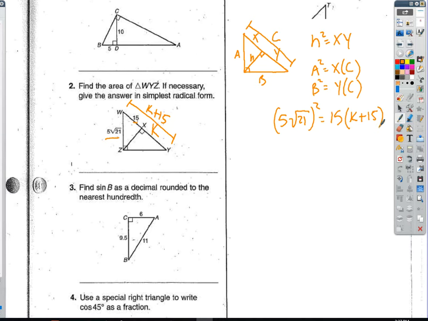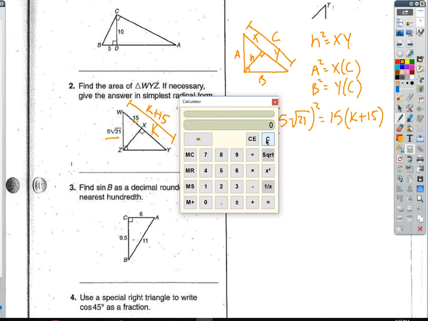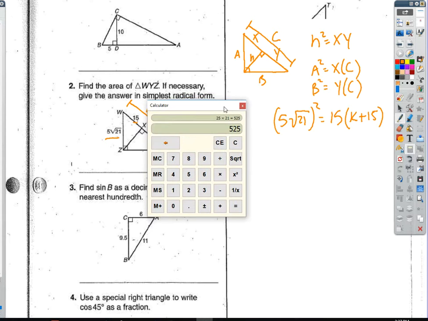So 5 squared is 25, 25 times 21. I'm making the assumption that you're able to do this piece, so I'm not going to explain it. We have 525 is equal to 15k plus 225.